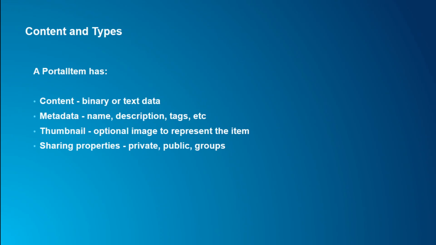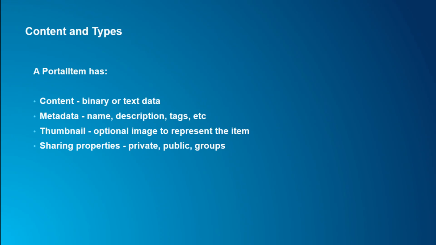Content on portal has that data but also has metadata, so names, descriptions, tags, titles are all attached to that content and allow people to comment and rate, and we can count the number of views and how often that content gets utilised. There's also thumbnails and images that can be used to display that content when we have a portal browser or we're looking at that at ArcGIS Online or on your on-premise portal.